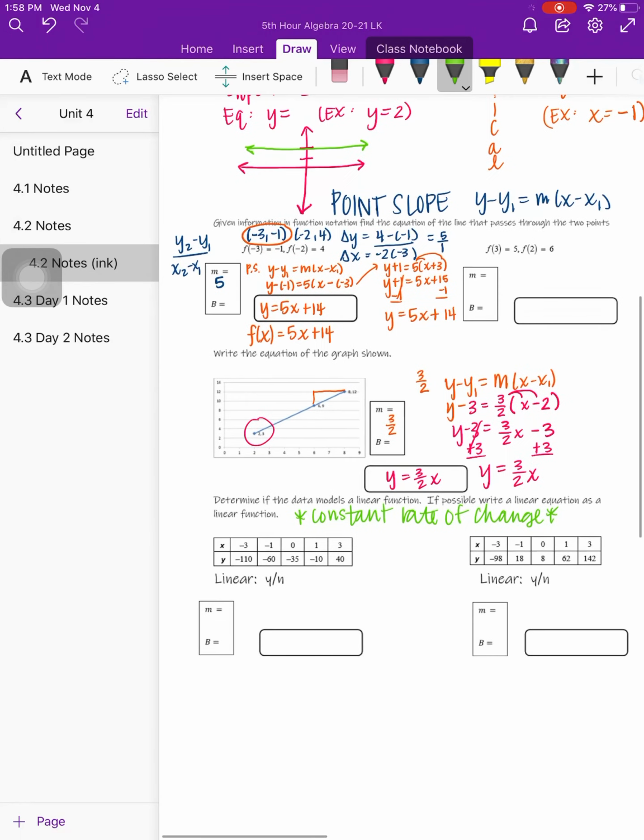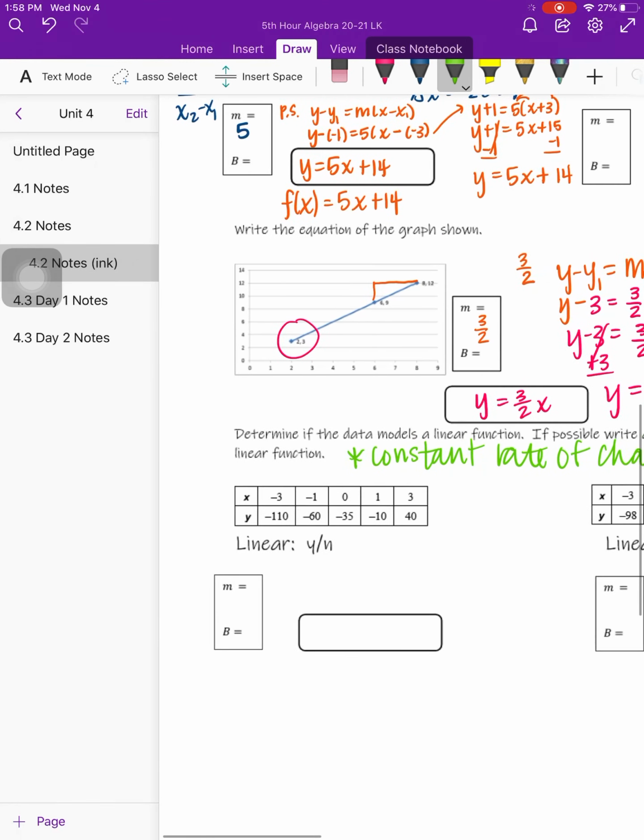Okay, so on these next ones, I'm looking at how these change. So this goes up by 2, up by 1, up by 1, up by 2. And this goes up by 50. This goes up by 25. This goes up by 25.